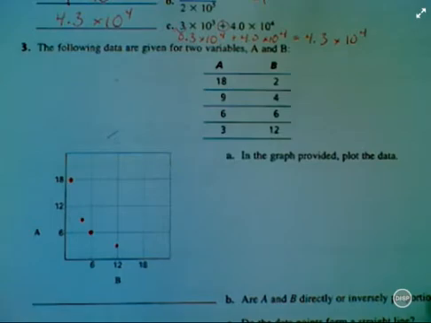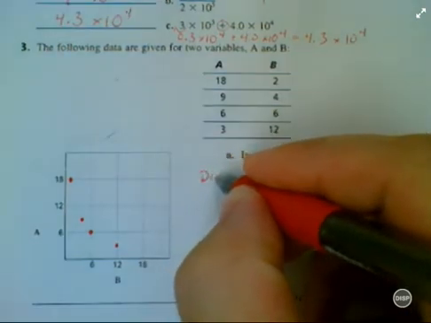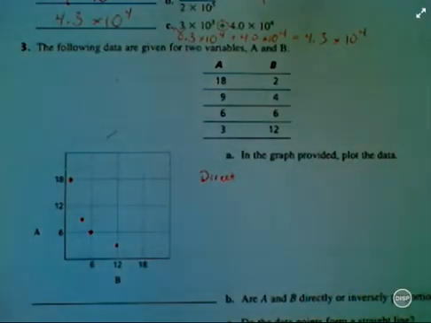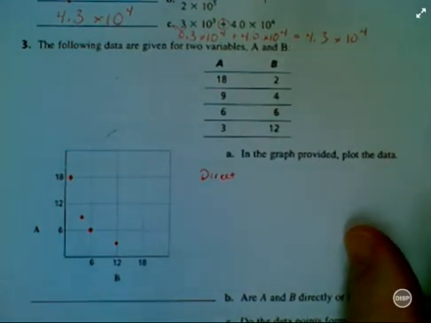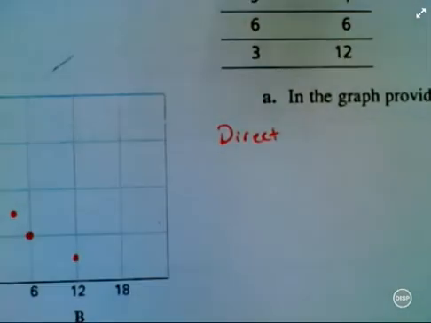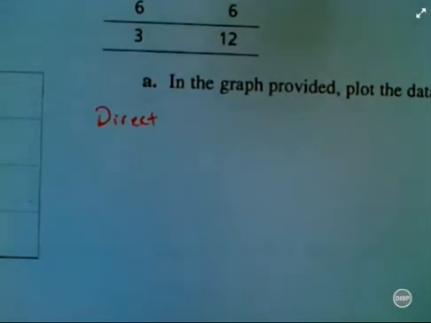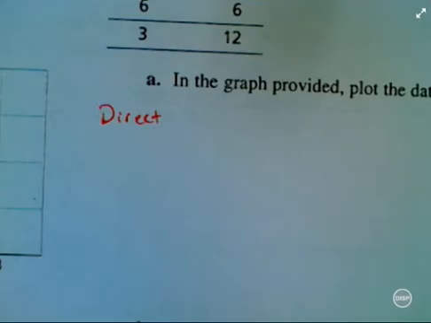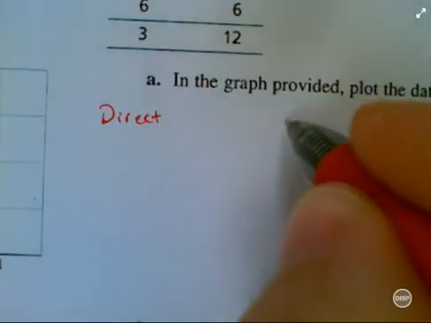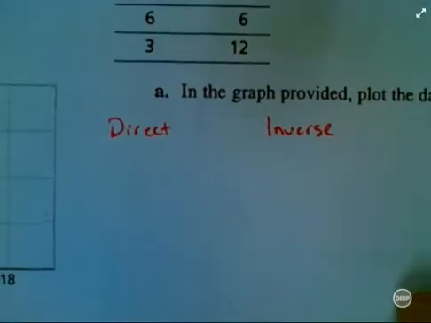Now, here is how you know. In direct proportionality, there is a constant, something that needs to stay the same at all costs. It's a constant. Now, the opposite of that is inverse proportionality.